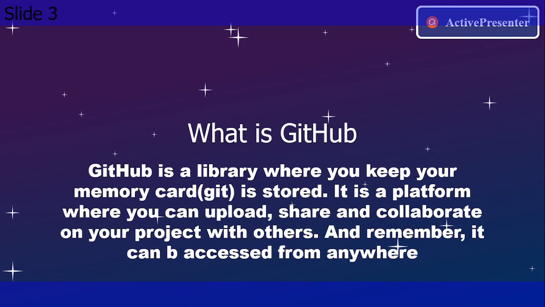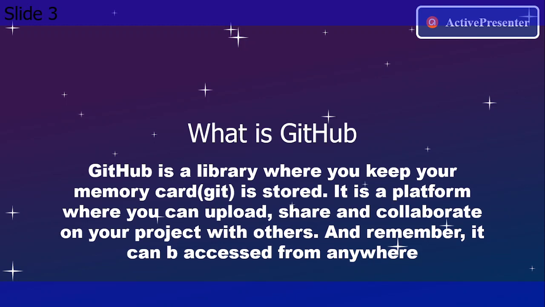Where it's stored is called GitHub. GitHub is like the library where your memory card, the Git, is stored. Remember, Git is just a version control system, so Git is not where your code lives. Hope you get that difference. GitHub is a platform where you can upload, share, and collaborate on your project with others.